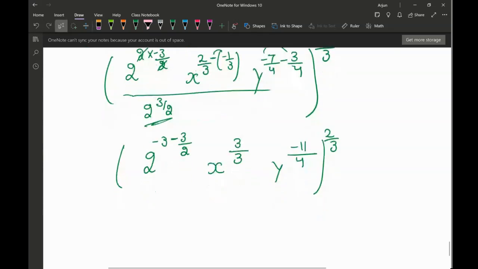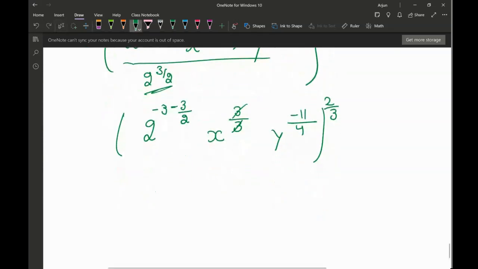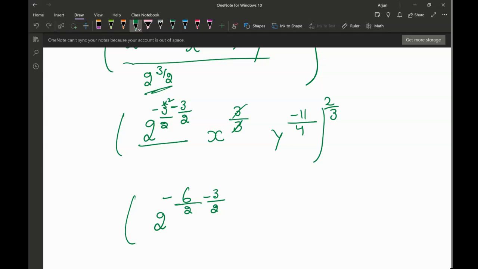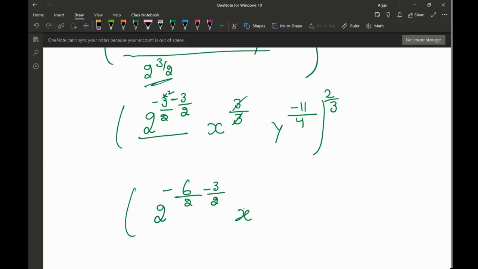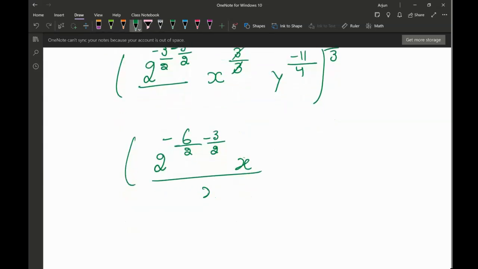Now this will become 1, and this thing will become, I'll place 2 on the bottom, multiply this with 2, so this will become 2 to the power of negative 3 times 2, well 3 times 3, oh wait a sec, 3 times 2 is 6, negative 6 over 2 minus 3 over 2, and now this is x, y to the power of 11 over 4, which I can bring down, and then 2 over 3 is outside still.